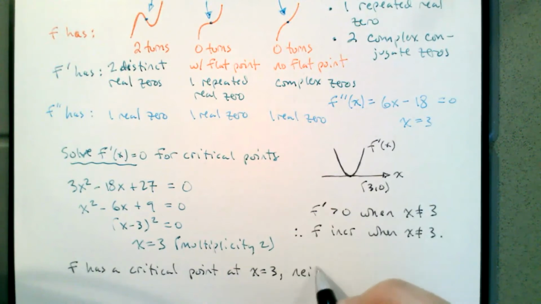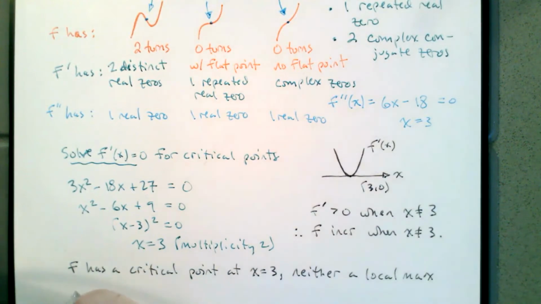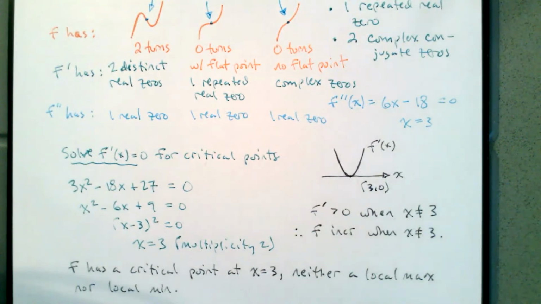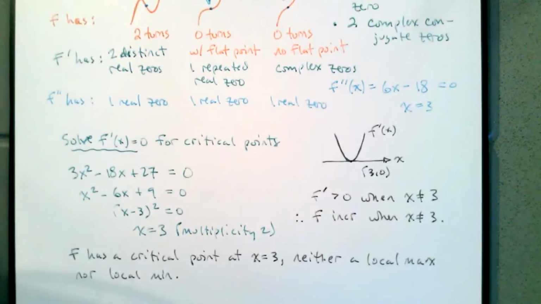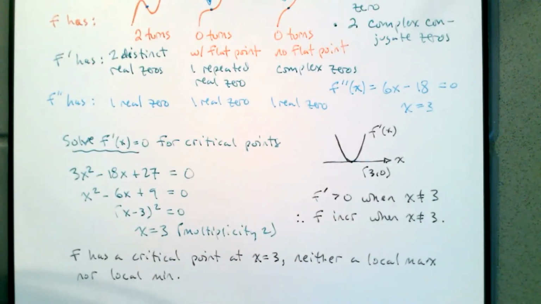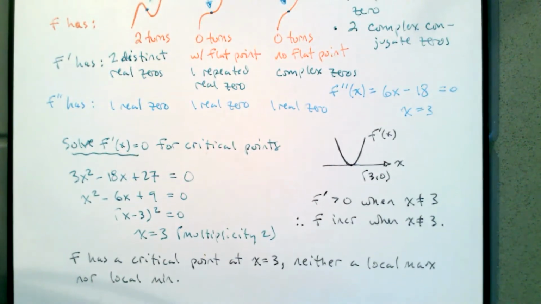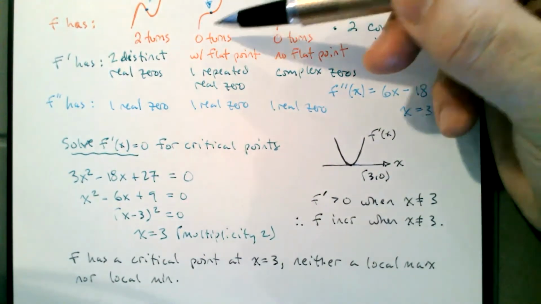We know what the graph looks like now. It makes no turns. It's increasing everywhere but 3. So we know we're looking at this middle picture.